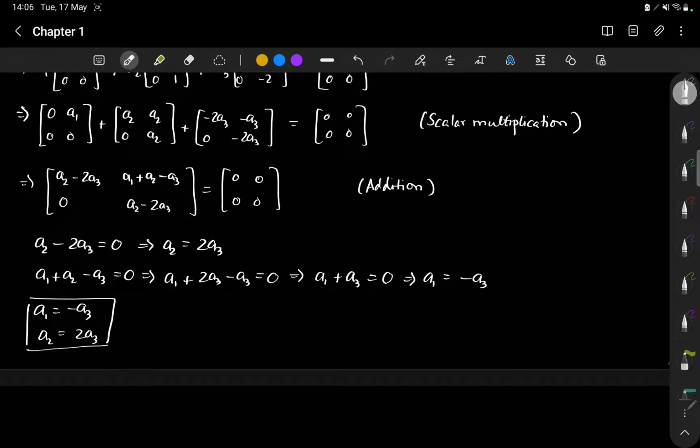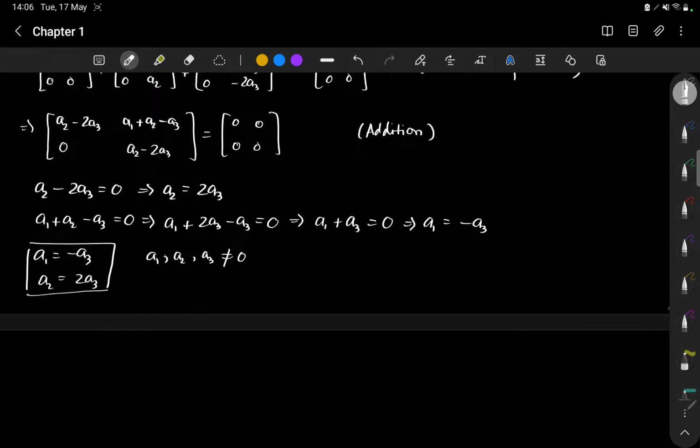This is the condition that we have got. Clearly these elements are not 0, that is A1, A2, A3 are not equal to 0. All these three elements simultaneously are not 0. So that means that these three matrices are not linearly independent, which means that they are indeed linearly dependent.